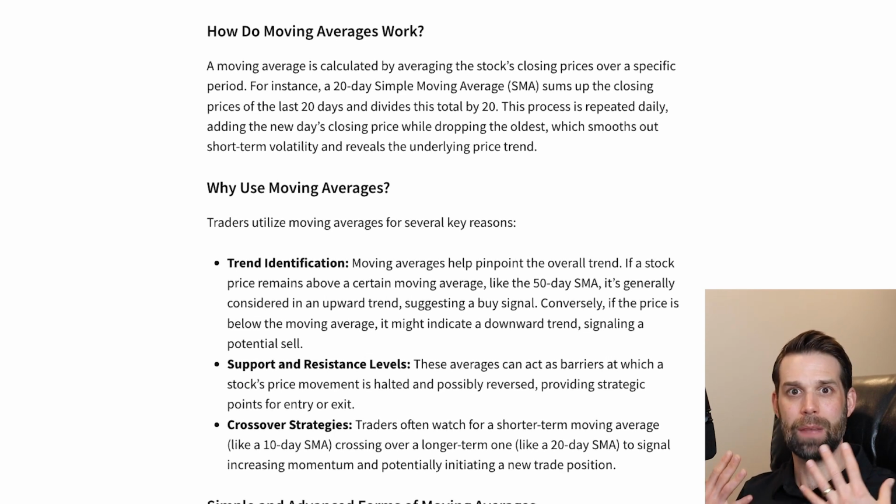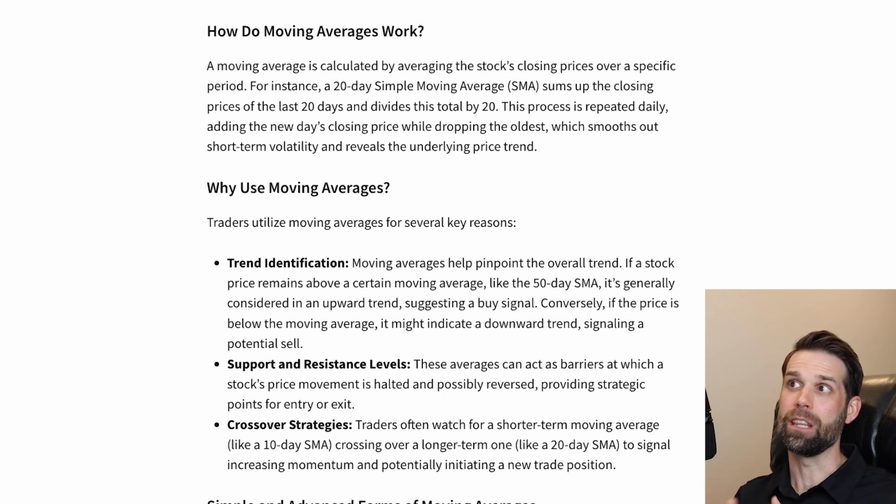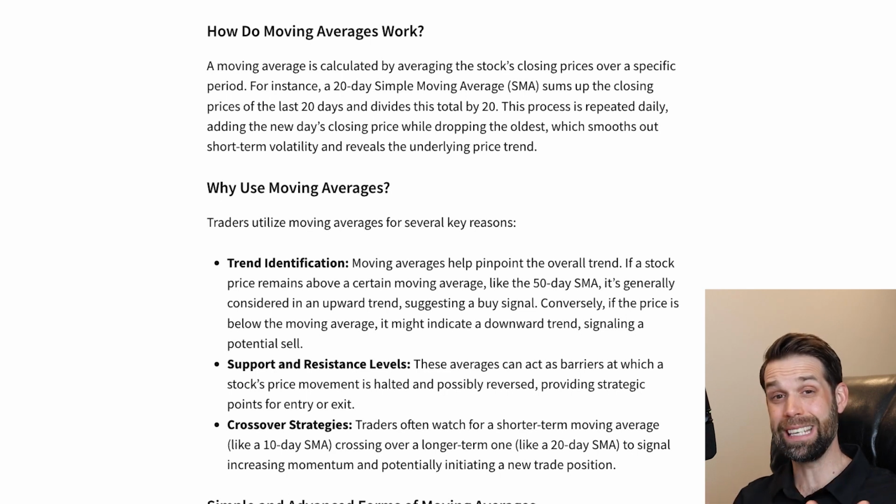Basically, a simple moving average is calculated by averaging the stock's closing prices over a specific period. So if we want to look at a 20-day simple moving average, you sum up the closing prices of the last 20 days. You add them all up, you divide by 20, and then you repeat this daily by adding in the new day and dropping the oldest day.